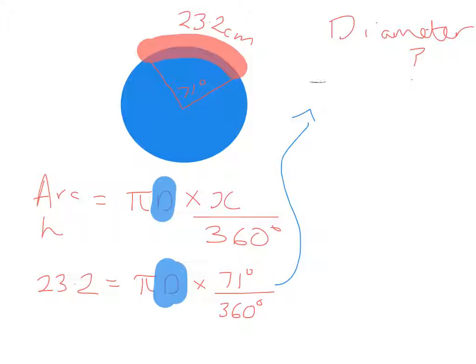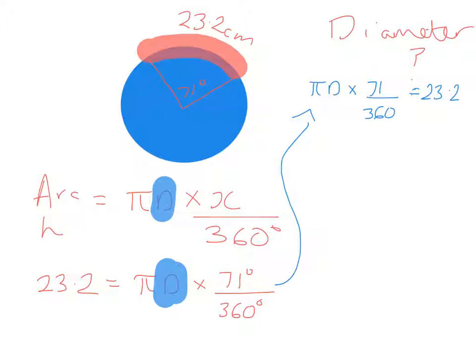First thing I'm going to do is rewrite my equation round the other way, times 71 over 360, and that equals 23.2. Okay, I can do that because they're equal. I can just swap the order around. I want to find out what the diameter is.